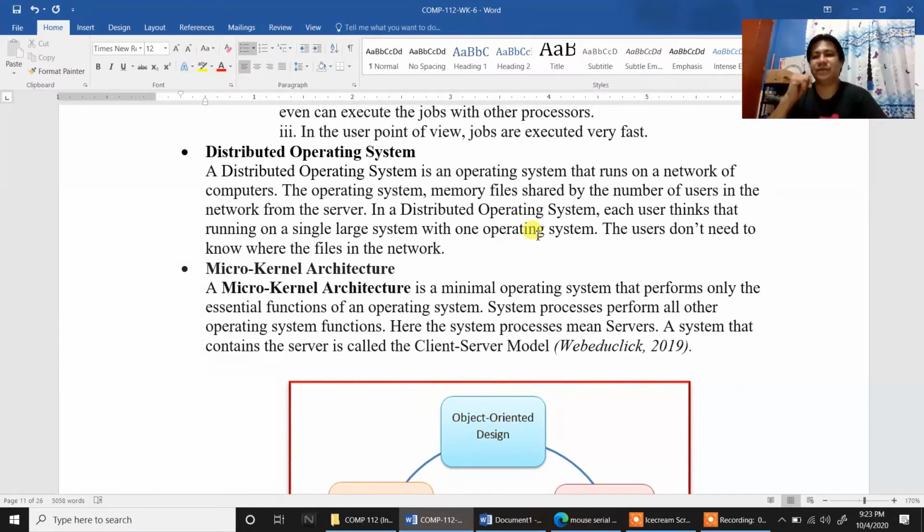For example, if the company wants to minimize the cost of hardware, they need to buy large storage hardware, a mainframe computer, wherein all of the operating systems of client 1, client 2, and client 3 are installed on that particular hardware alone. Then once clients 1, 2, and 3 switch on their computers, the operating system of their computer is connected to the server.